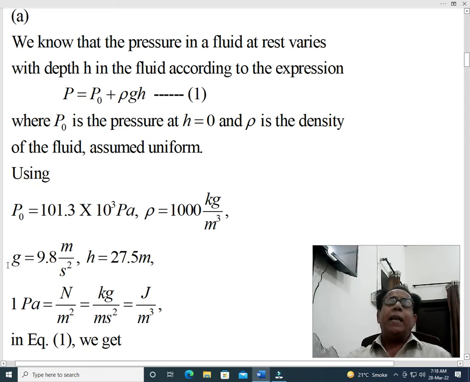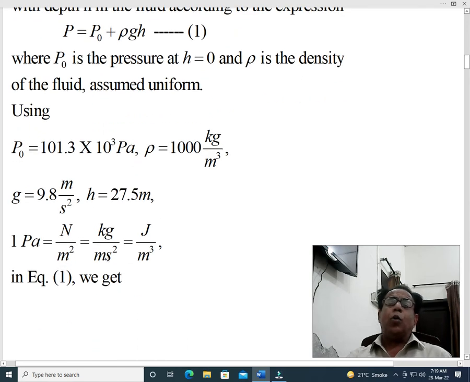Moreover, value of g, acceleration due to gravity, is also a physical constant, and we know this value from very earlier classes, from about 8th class. Acceleration due to gravity 9.8 meter per second square, and height or depth, which are equivalent terms, is given as 27.5 meter.